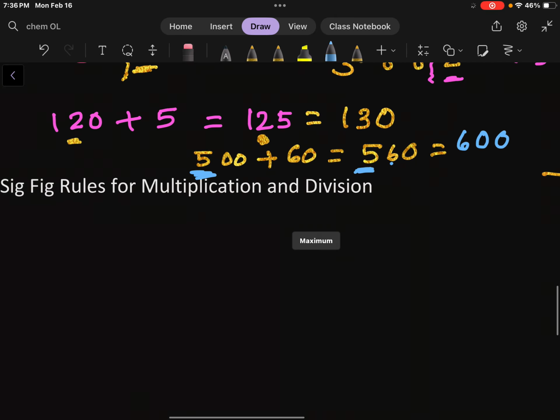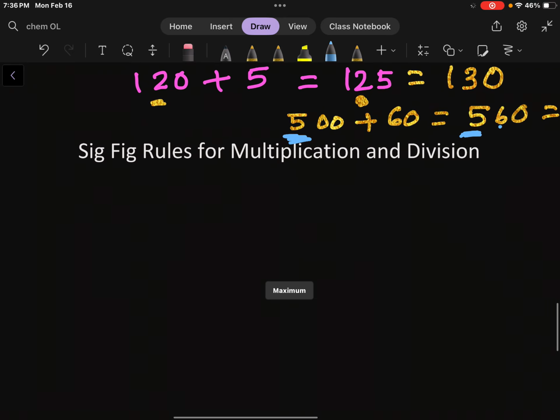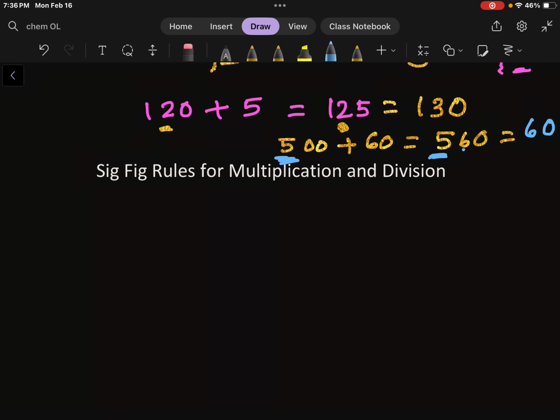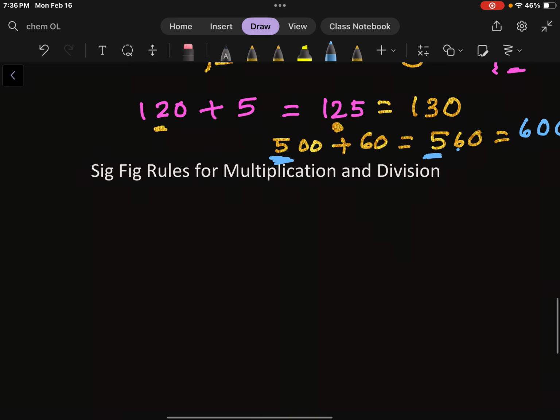Now let's see multiplication and division. For that I'll use small numbers. I don't want to use a calculator. For example, the rule is lowest sigfig. That is very easy.